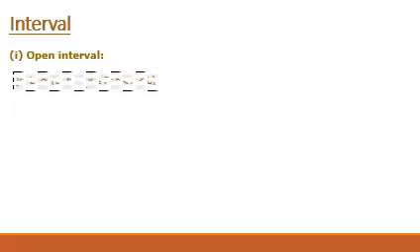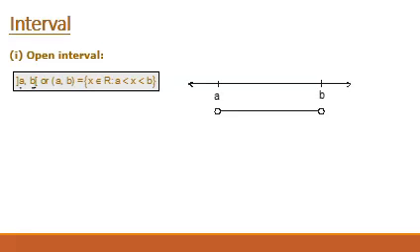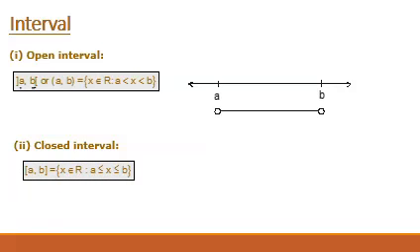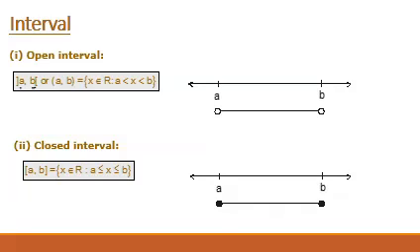So, as an interval, the open interval means I don't need the extremities. They are excluded. As you see, both of them are open. In the closed interval, I should close the interval on the extremities because I have or equal. That means it's closed because I need them. A and B are included in my domain.